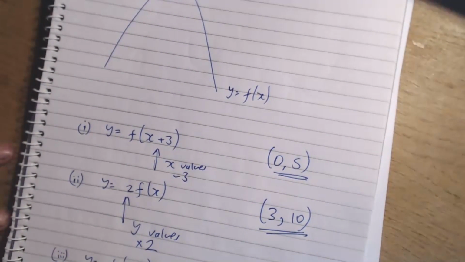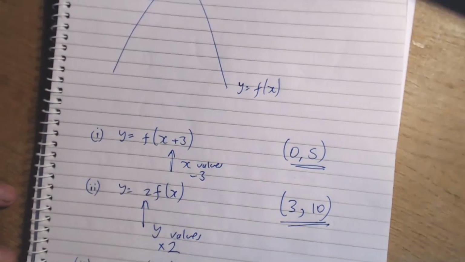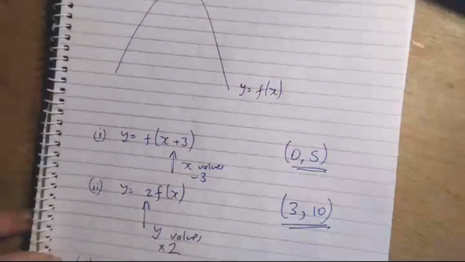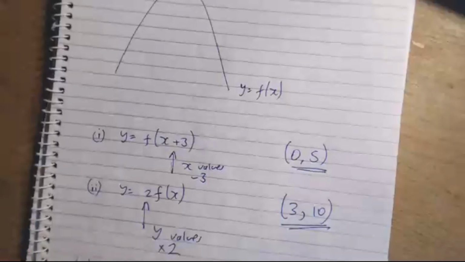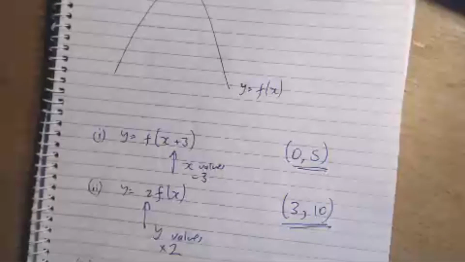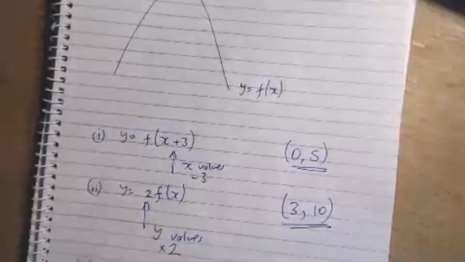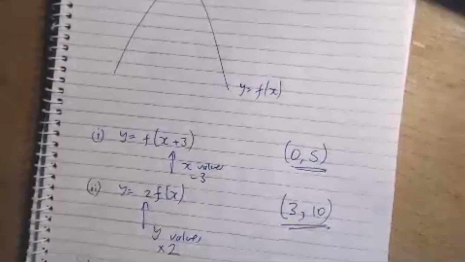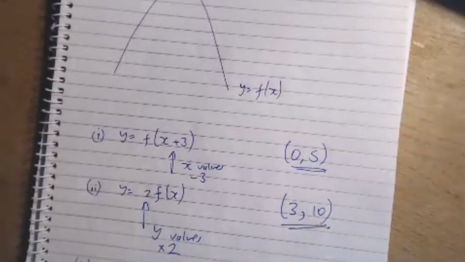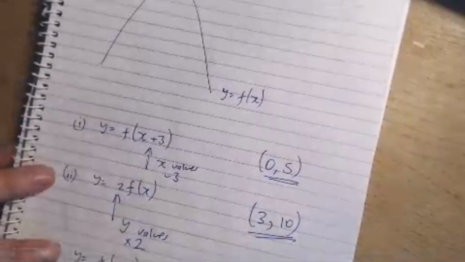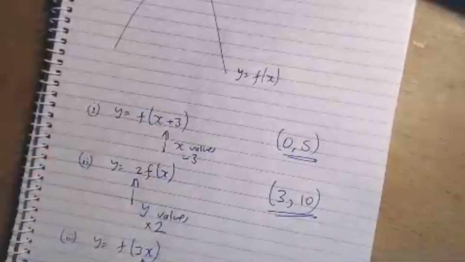Now, the curve with equation y equals f of x is transformed to give the curve with equation y equals f of x minus 4. Now, this is outside the bracket, so it's going to affect the y value and do what you would expect. So it's going to take away 4 from the y values. So the whole curve is just shifting down 4.